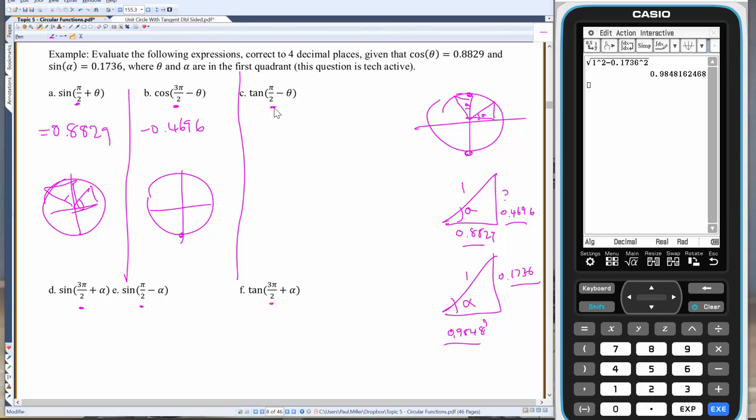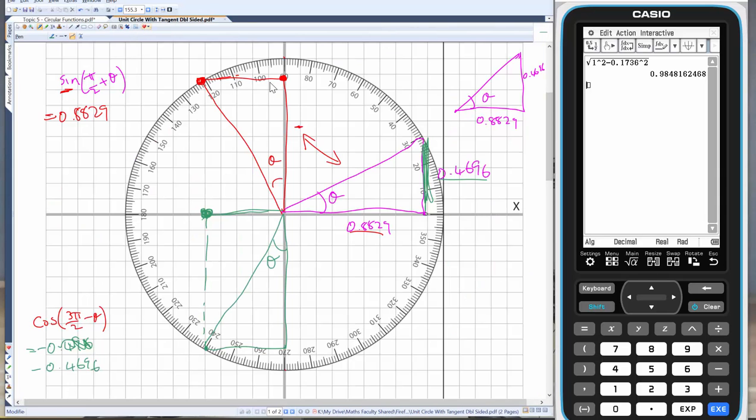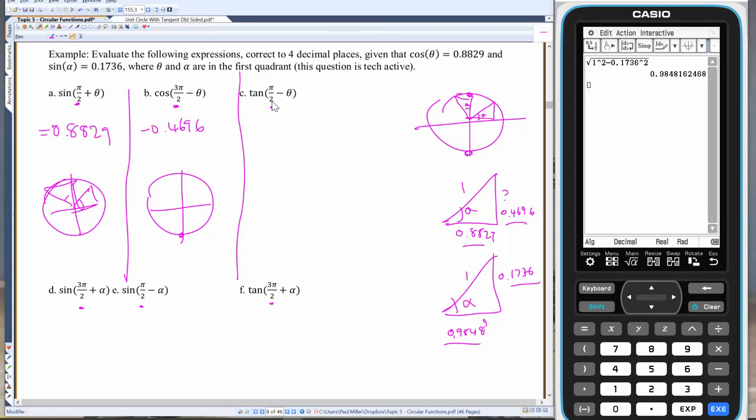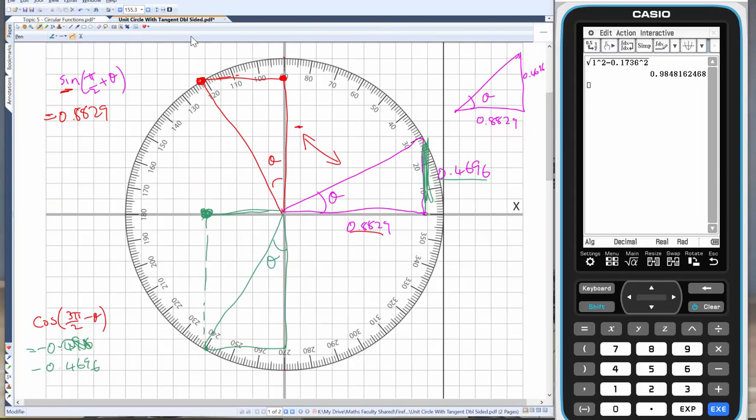All right, the last one, tan pi on 2 take theta. So we're here, okay, and let's just check what that question was. Tan pi on 2 take theta. So we're starting at pi on 2 and we're going backwards theta. So we're going to end up somewhere over here. Again, let's just change color.